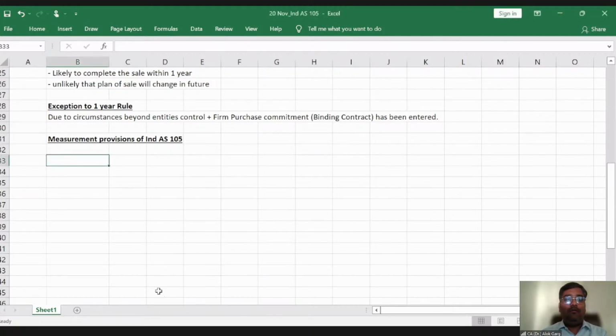First of all, step number one: calculate the carrying value of the non-current asset held for sale, or disposal group, on the date of classification as held for sale. The first step is to calculate the carrying value on the date of classification as held for sale.